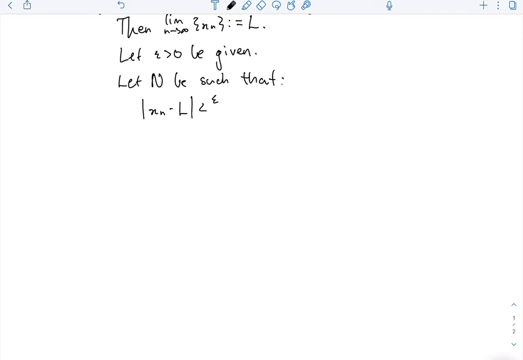This is a careful and intentional choice of a bound, and we'll see why this is appropriate as we proceed.